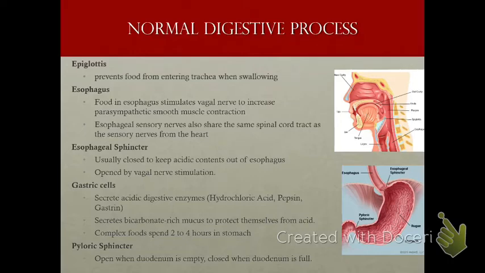But the normal digestive process, this is your information to put in your heart and understand the pathophysiology, but I don't physically test you on the patho behind it. Really, it's a tube. It's a tube that's a muscle. It is a smooth muscle, so it does not work like skeletal muscle.